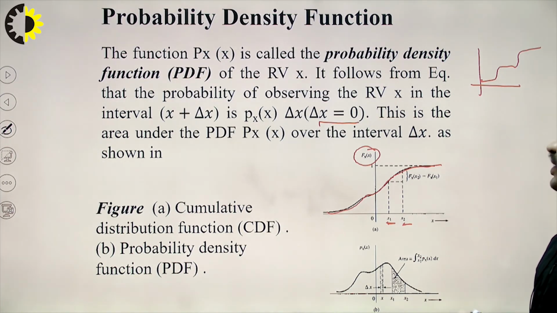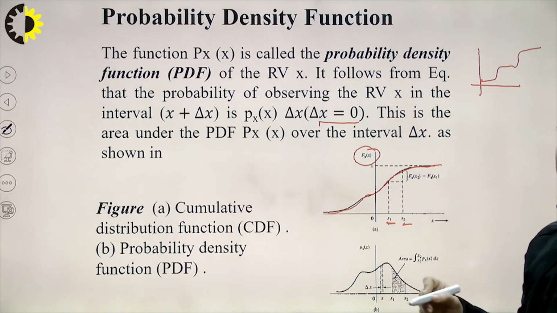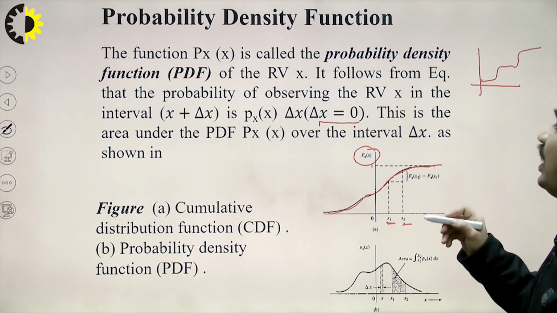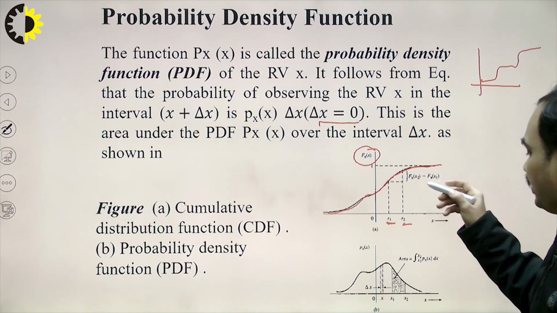Between this interval, the PDF of this function is the area under the curve.